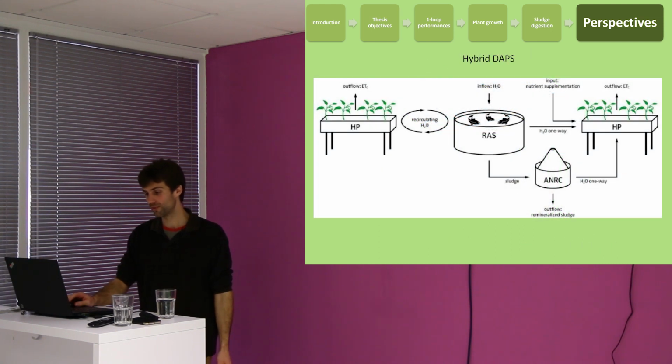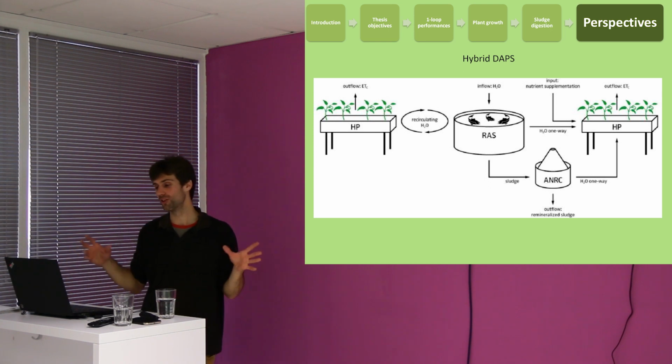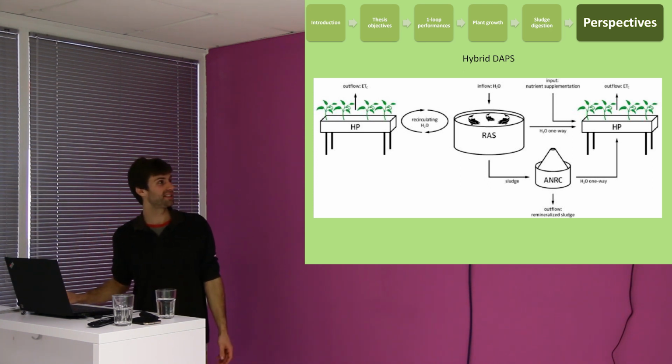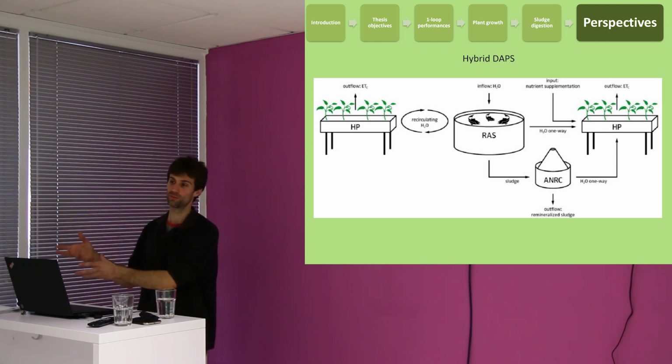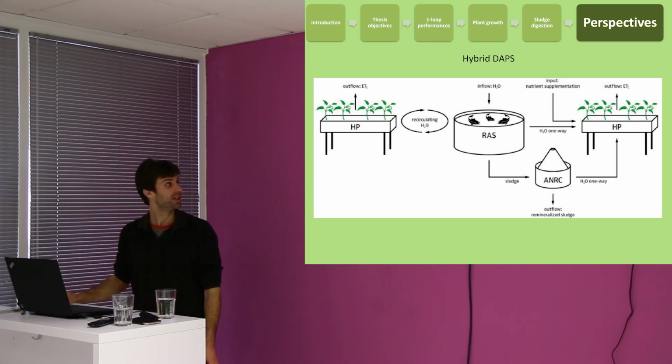And just to finish, maybe we could also go for a hybrid decoupled system. So keep the idea of a coupled system, but with the sludge and maybe the extra water, have another decoupled hydroponic. So it will be a hybrid thing. Why hybrid? Because we still need to control the nitrates here.